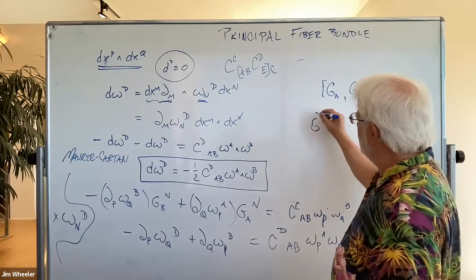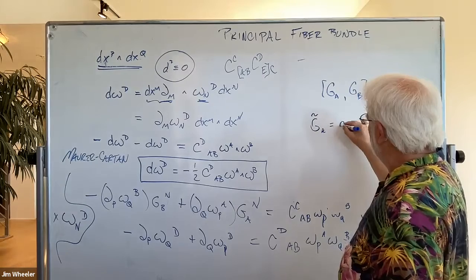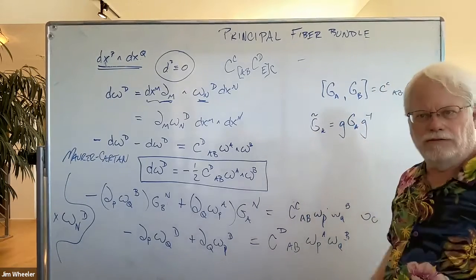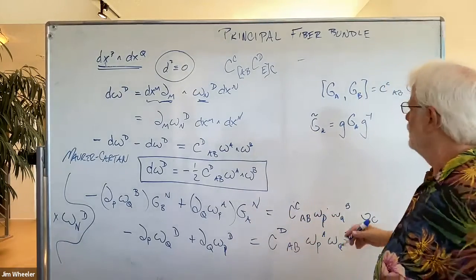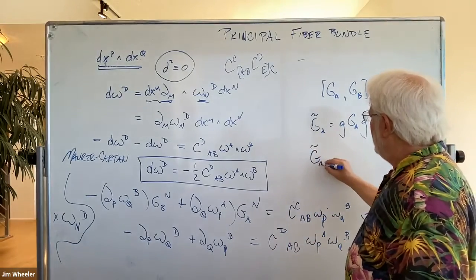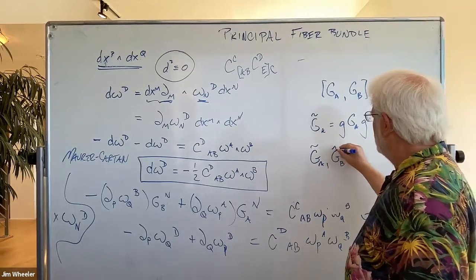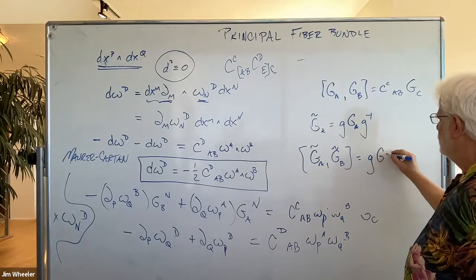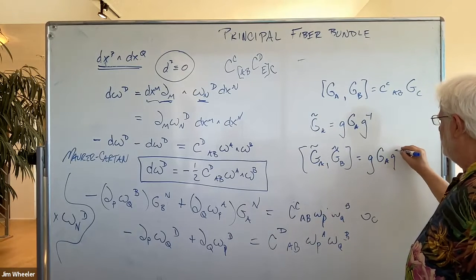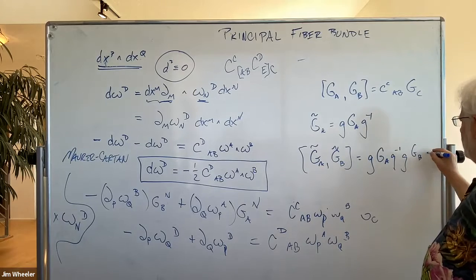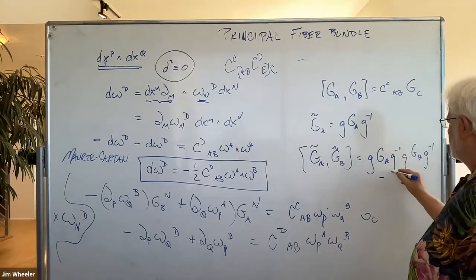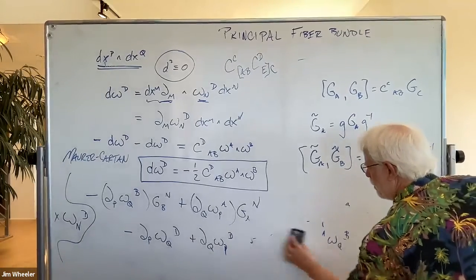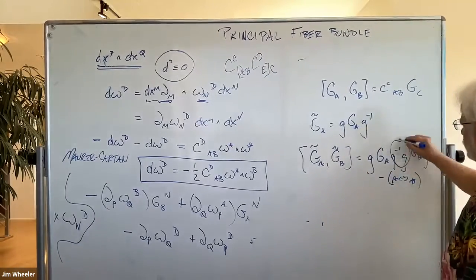Because if I let G tilde A be G A G inverse, where G is any element of the full group, then G tilde A commutator G tilde B is going to be G A G inverse, G B G inverse, minus A goes to B. And those just give an identity.